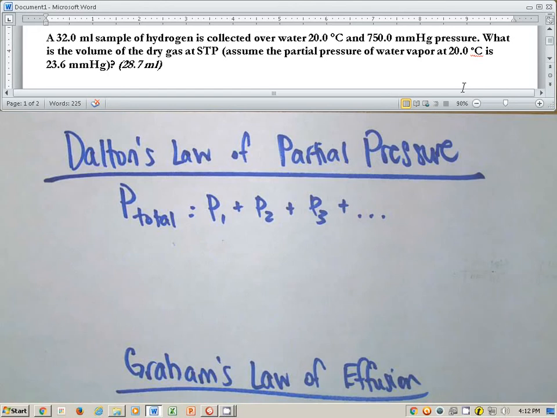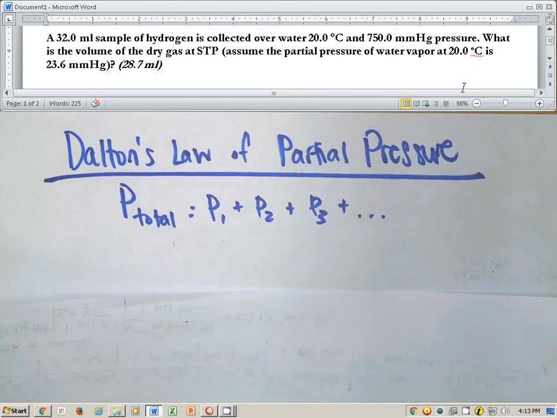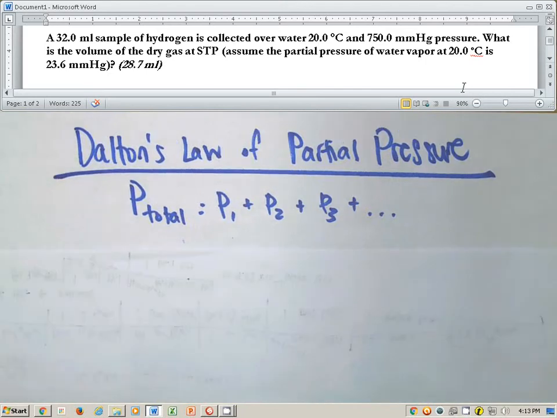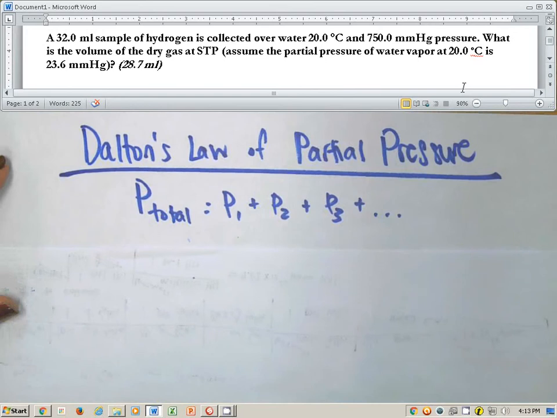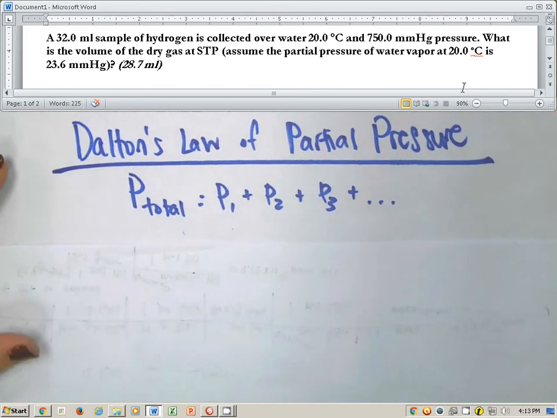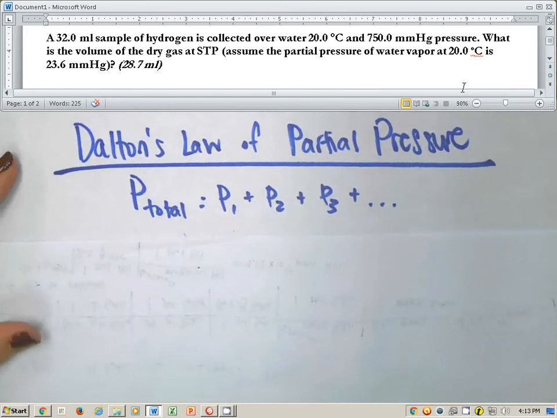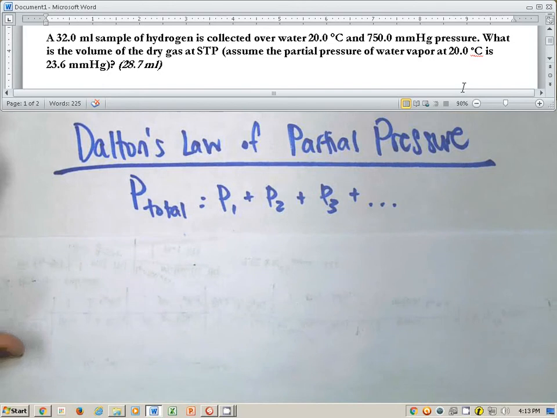Alright, a quick explanation for Dalton's law of partial pressure is that whenever you collect gases, it's usually done by bubbling the gas through water. I have another video of someone else's that I've added to my playlist that describes or shows how you collect a gas through water. But the bottom line idea is that when I collect a gas through water, it ends up being wet gas instead of dry gas.